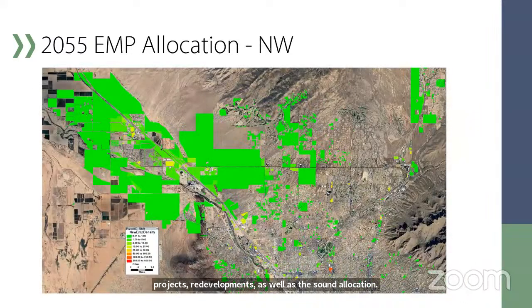On the northwest side, again, a fairly similar pattern. You can see a lot of low density employment being assigned. A few hotspots, I think that is the higher category red down at the Foothills Mall. That's contributed by a known project.